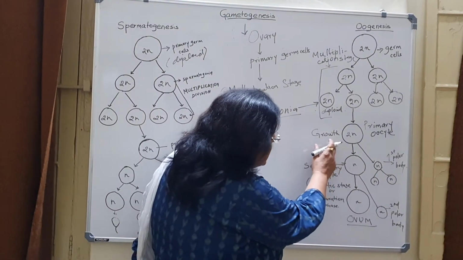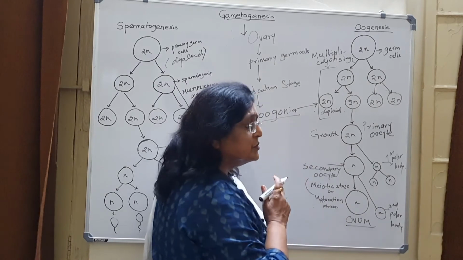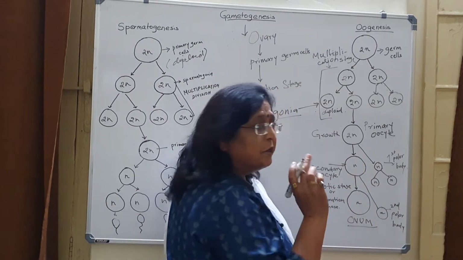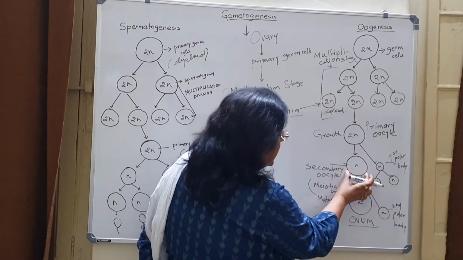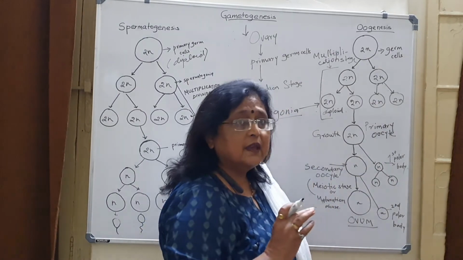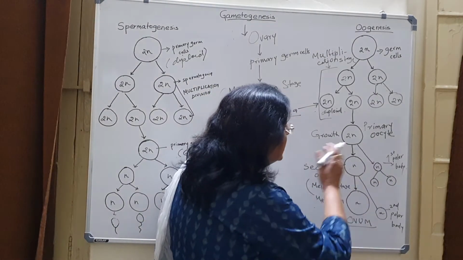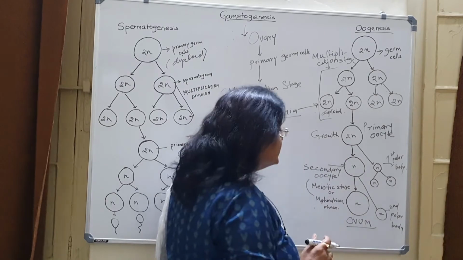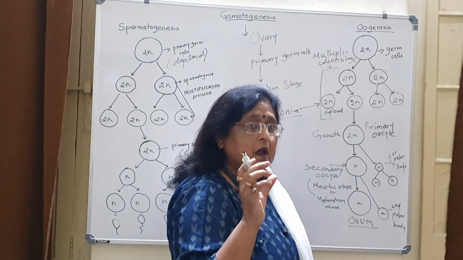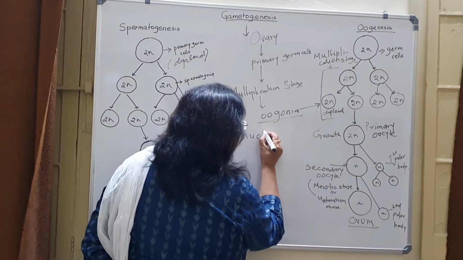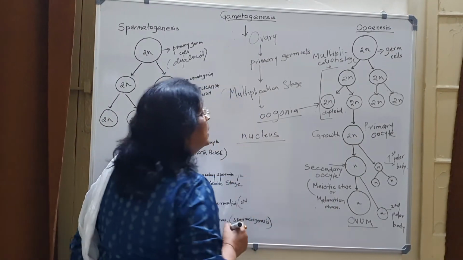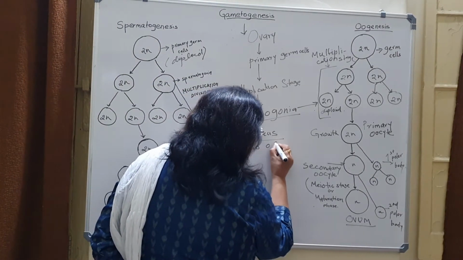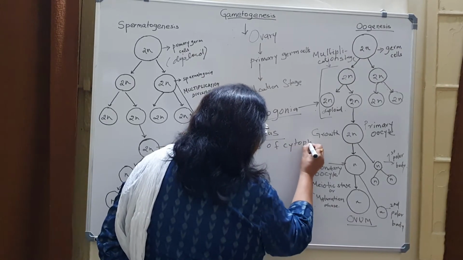But here there is a slight difference from spermatogenesis. After the division by meiosis, we find 2 cells are formed. One cell is big and the second cell is small. The big cell is the secondary oocyte, and the small cell is the first polar body. Now the big cell, the secondary oocyte, contains a prominent nucleus and cytoplasm.